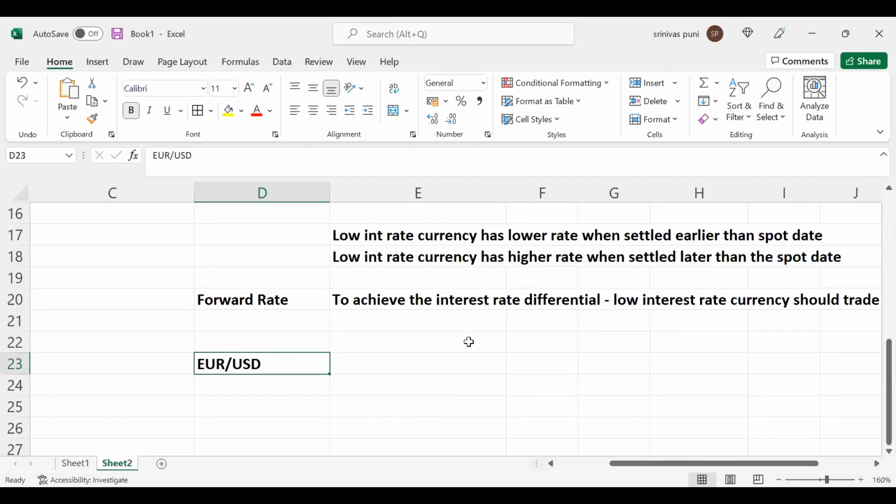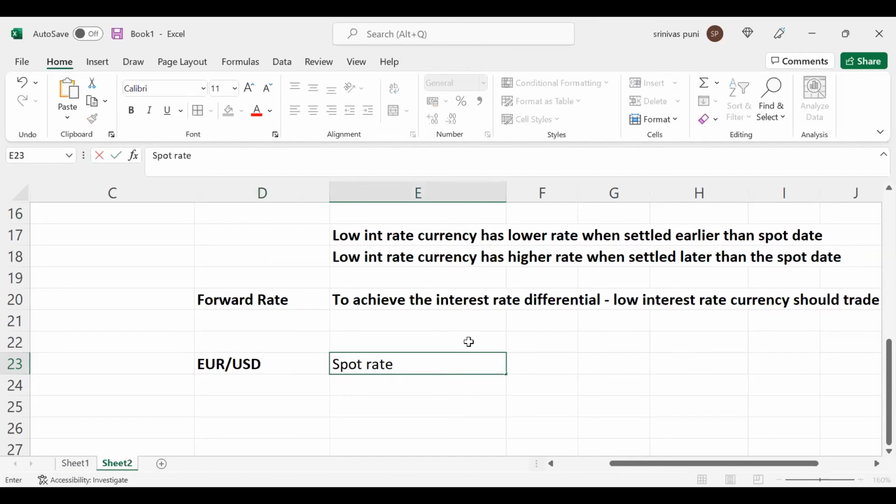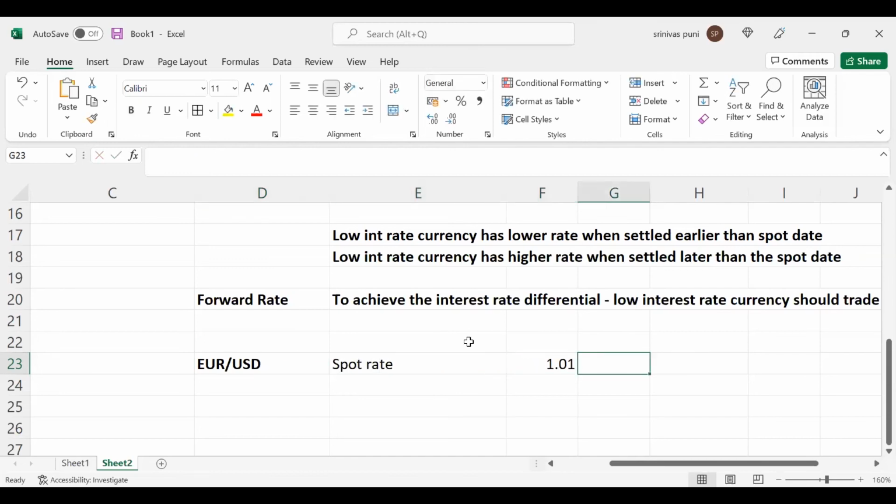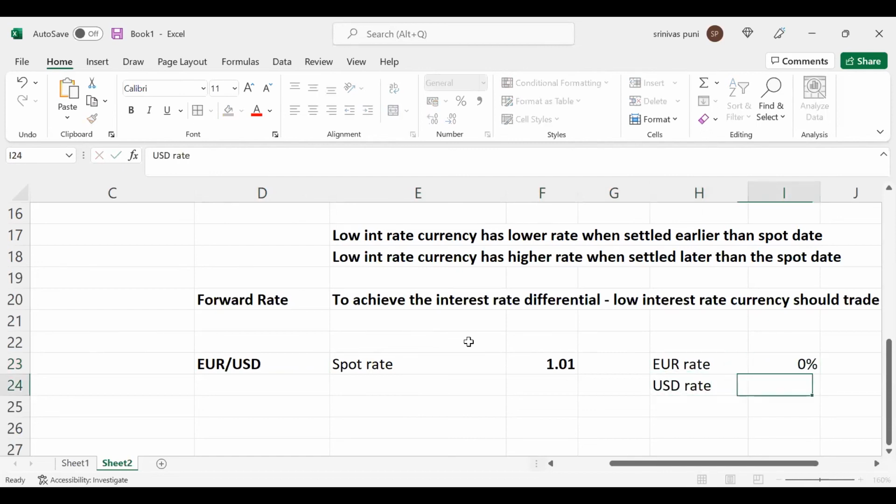Now just quickly, you can write out your answers in the chat window. Let's say euro to dollar. The spot rate is 1.01. That's the euro to dollar spot rate right now. Now I'm going to tell you that the euro interest rate is 0% and the dollar interest rate is, let's say, 1%.